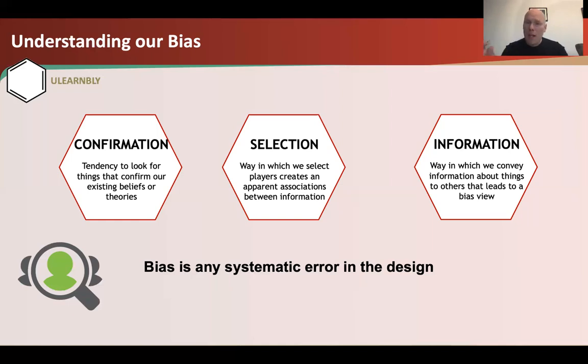And then information bias is the way in which we convey that information to other people, how we remark upon that. So again, there's many examples where we're in a round table, discussing a particular player or group of players, or it could be a recruitment strategy, or why this player needs to play up in this particular game, play across an age group, play wherever it may be.